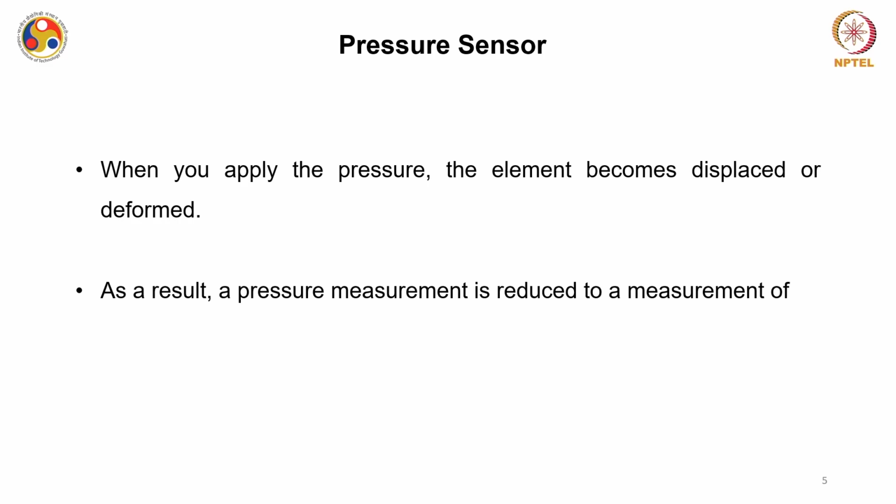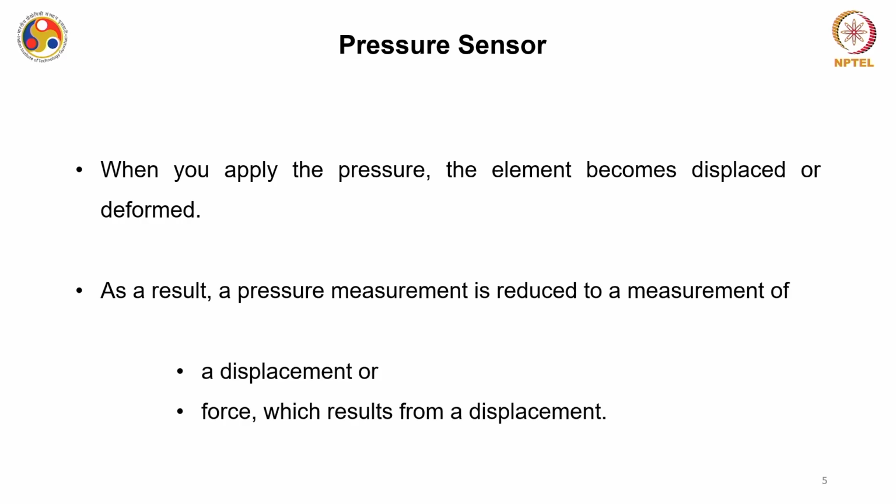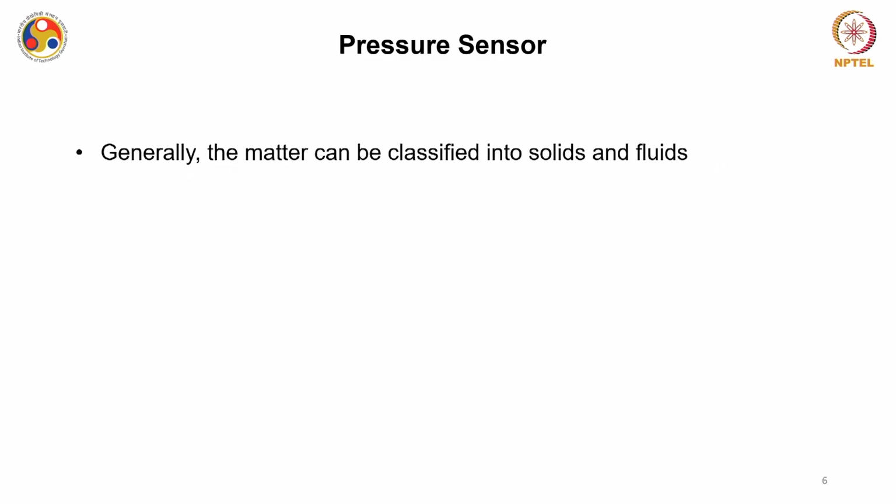As a result, pressure can be measured through the deformation or the displacement. This displacement can again be related to the force, and we can calculate the pressure applied based on the specific area where this force has been applied, if the area is known to us.